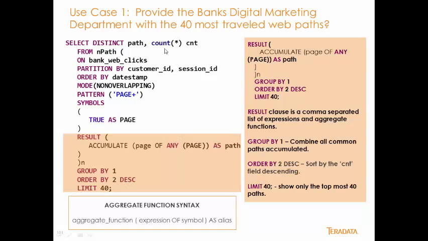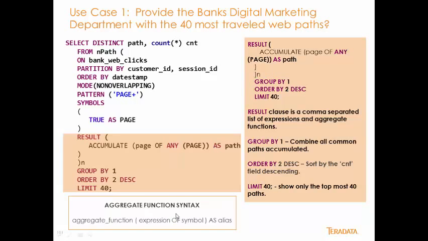Order by 2 just means that this is the count, or CNT, of the account holders that are on that path for those sessions. What this is going to do is give us a descending order, from the most popular travel path from all of our users, and finally, we're only going to bring back the top 40 of those paths.